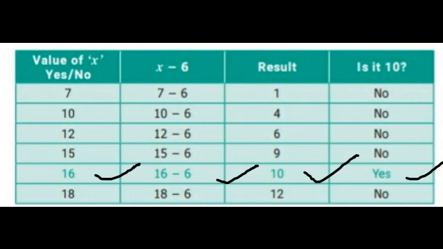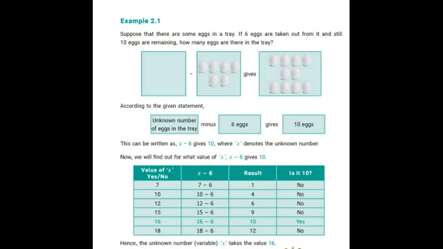So x minus 6 becomes 16 minus 6. 16 minus 6 is equal to what? 10. We got the answer now. Here x is called a variable, that means an unknown number. And 10 is a constant. Same way, x minus 6 is called what? Already I told you, that is called an expression.